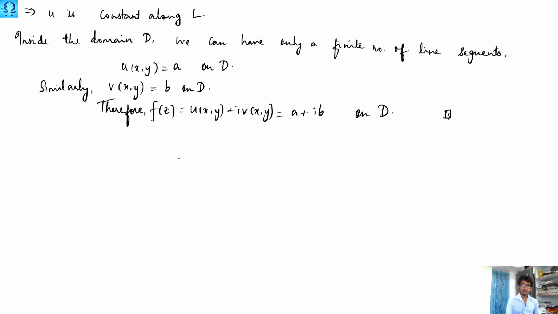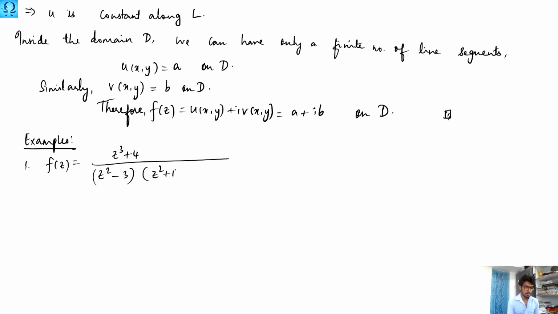So now what we are going to do is see some examples. The first example that we consider is f of z equals z cube plus 4 upon z squared minus 3 multiplied with z squared plus 1.